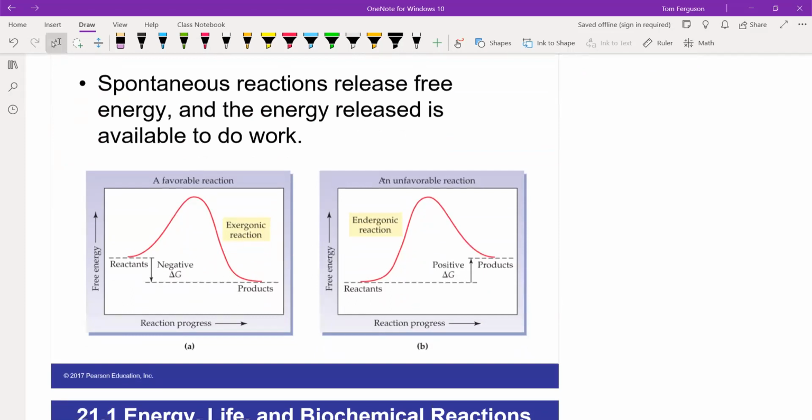Okay, this is a graphic relationship of this delta G. Now they call it free energy. It's really Gibbs free energy, but anyway, free energy.